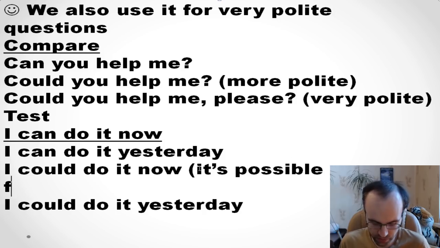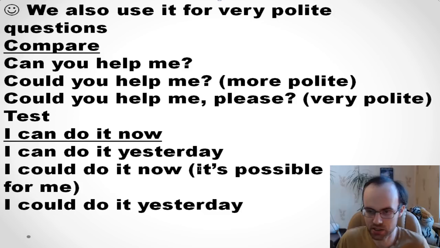It's possible for me. It's correct. So if it has this meaning, it's possible for me. I could do it now. You know that I really like this lesson, and I could watch all this lesson today.